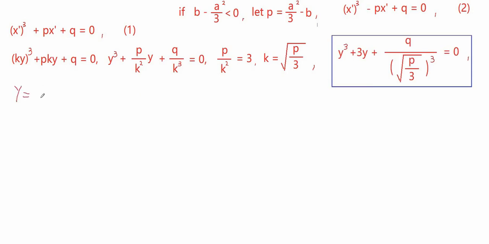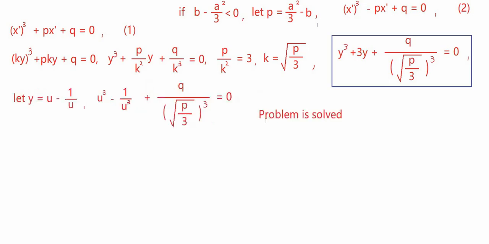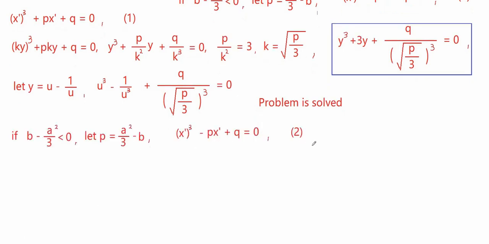We let y equal to u minus 1 divided by u, and we will get u cube minus 1 divided by u cube plus q divided by p divided by 3 cube equal to 0. The problem is solved. Same thing for case 2.